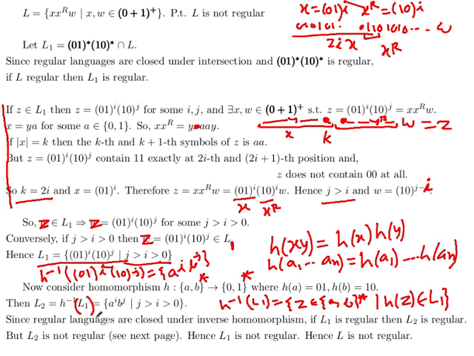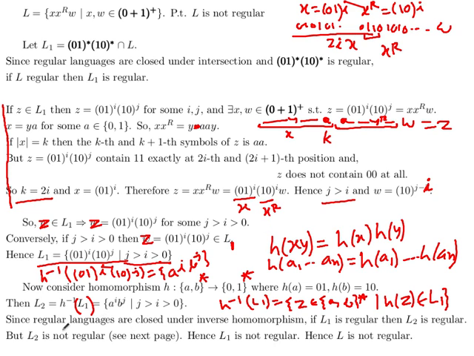Since regular languages are closed under inverse homomorphism, which we proved, if L1 is regular, then this L2 will also be regular. That's what closure under inverse homomorphism means.